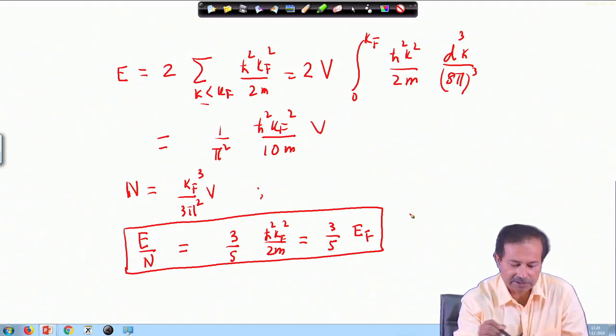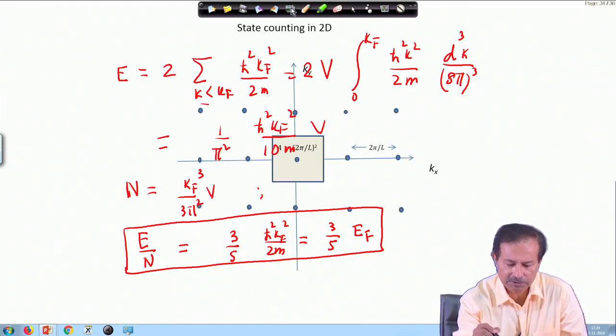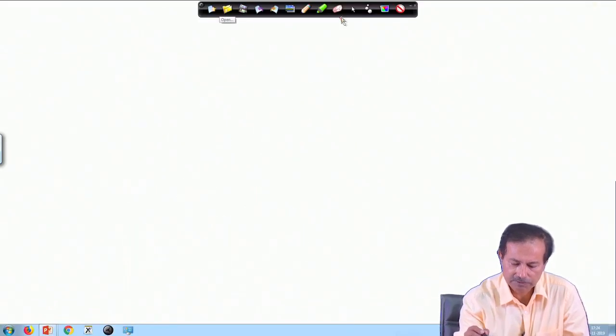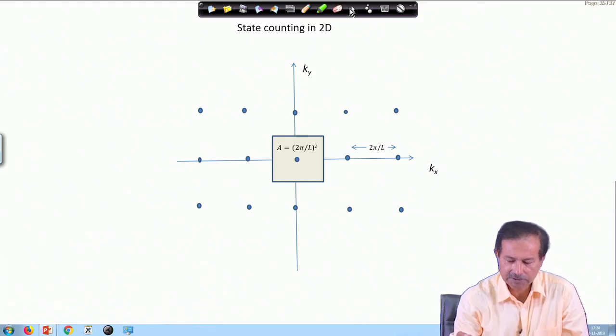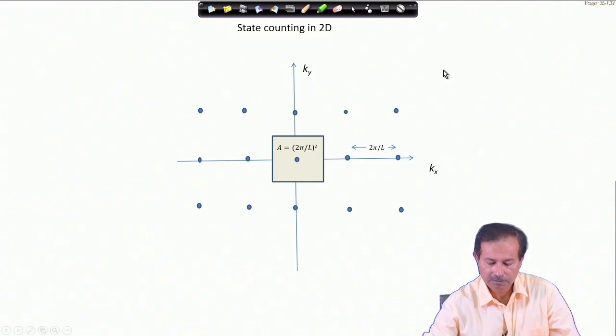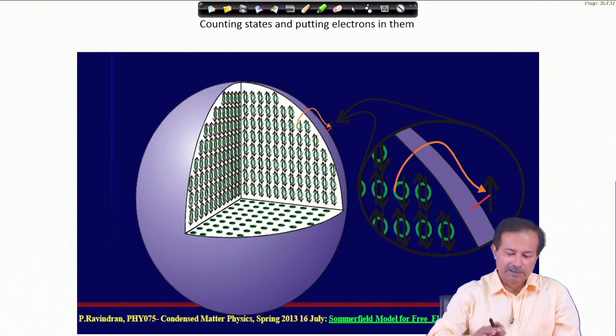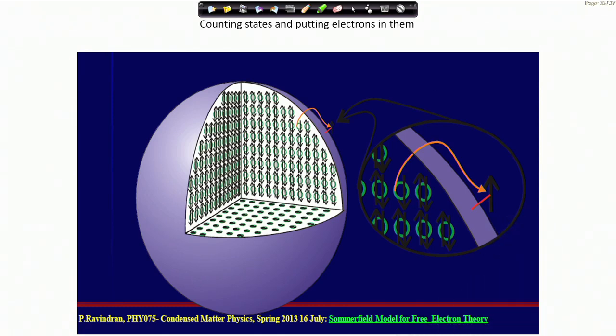So, let me recap what I did. Let me just go back to some slides and look at this slide. This is k space. In this k space the occupied states look like a sphere, as I said.